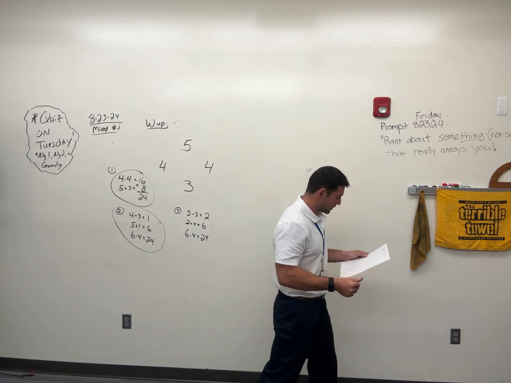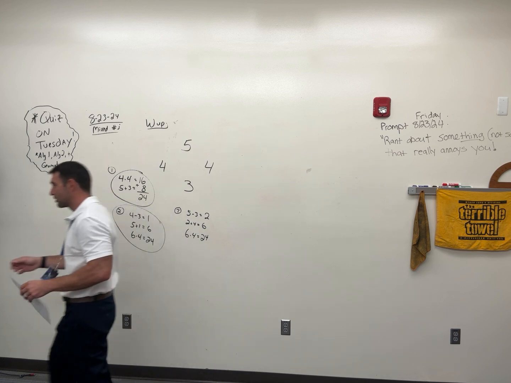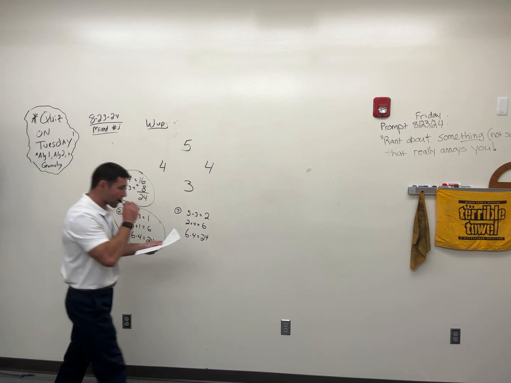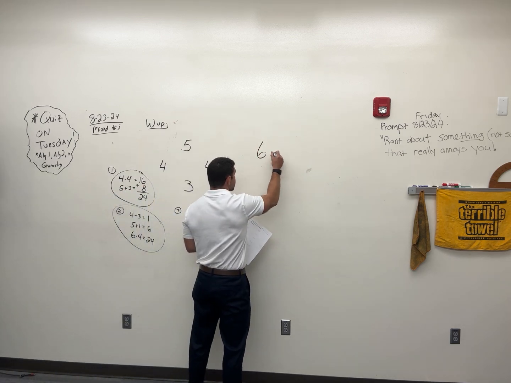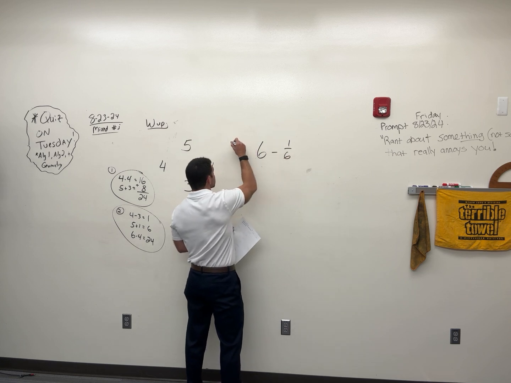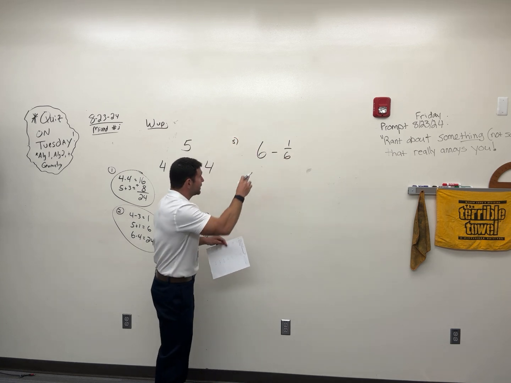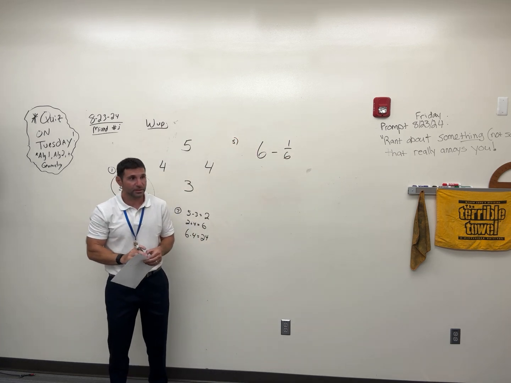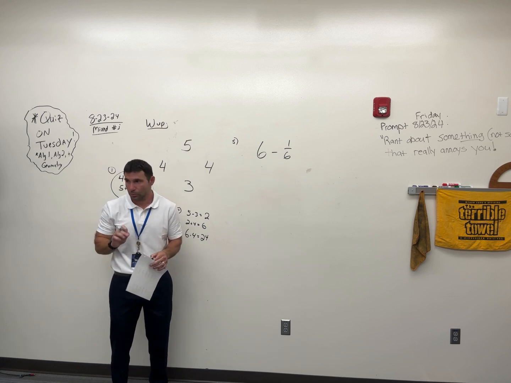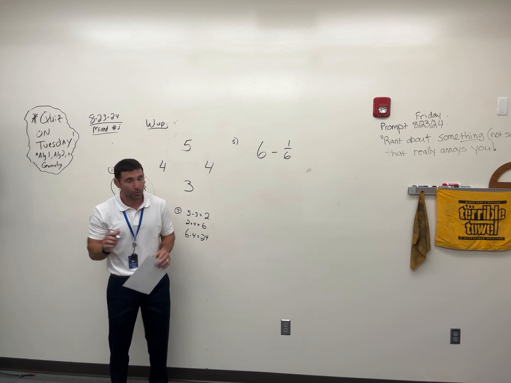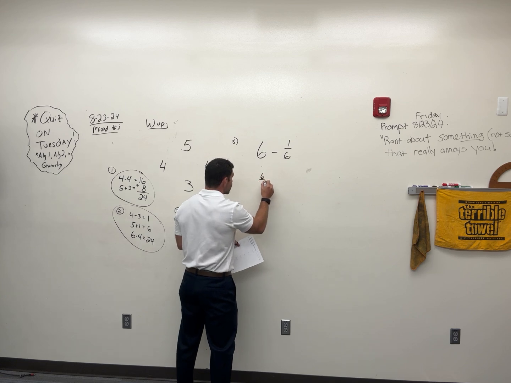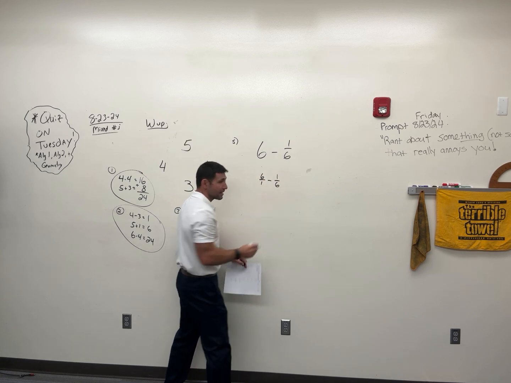Number 5, we're going to do this one on the board. Whether you need it or not, we're going to do this one. So it is 6 minus 1/6. Every integer has the denominator. What did we say the denominator was for every integer? 1. So this is really 6 divided by 1 minus 1/6.